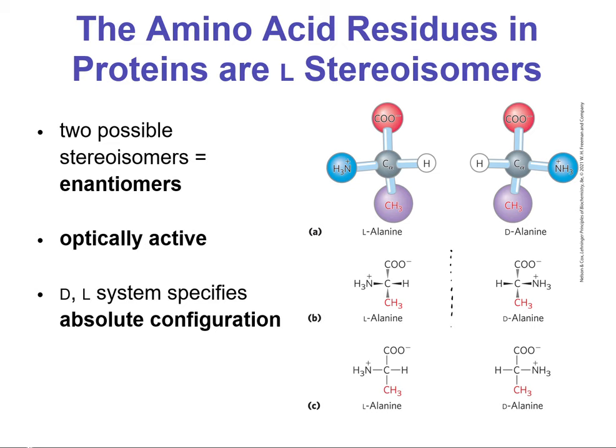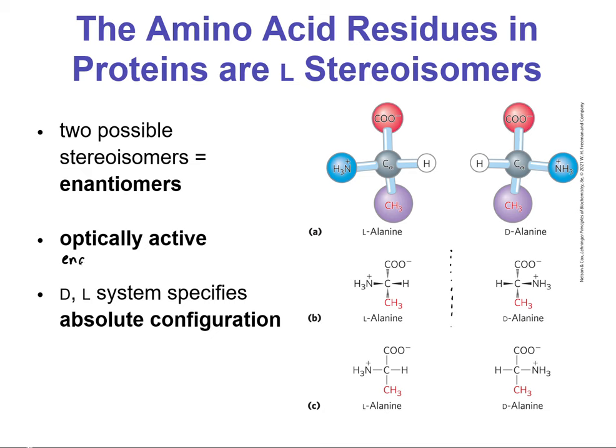Optically active just means that if you had 2 separate mixtures, one of pure L-alanine, the other of pure D-alanine, let's say, since we have alanine on the slide here, then you would see differences in terms of how those 2 compounds interact with light.